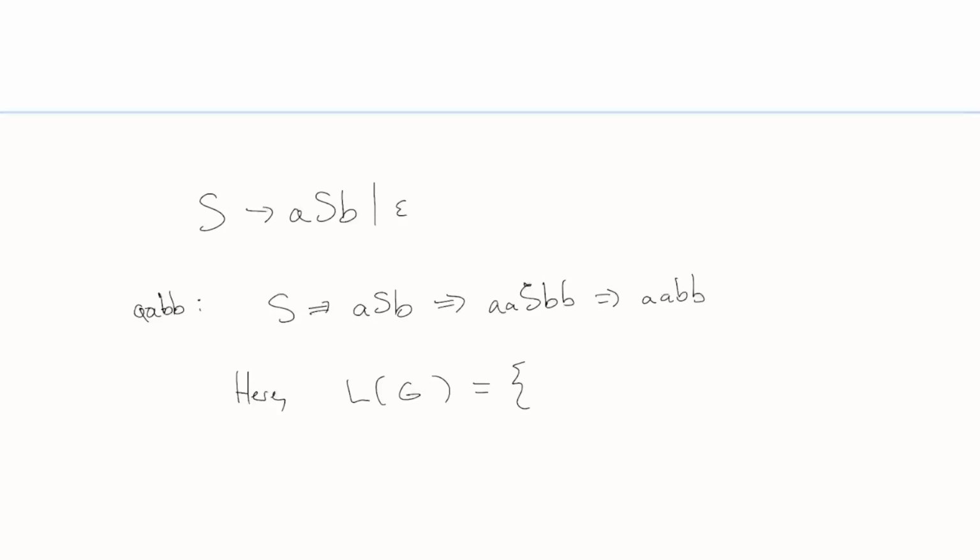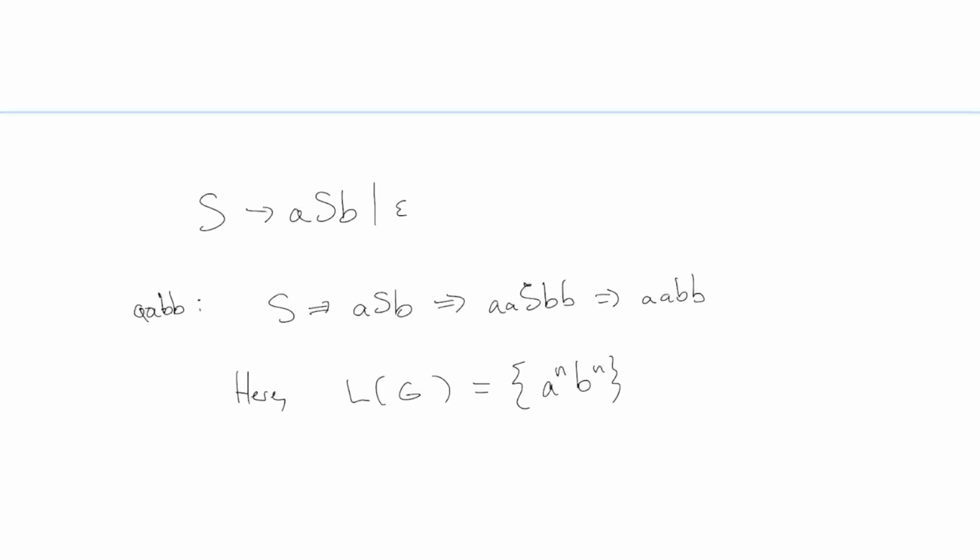Yeah? A to the N, B to the N, yeah. I hope everybody agrees. If you create a string like this, it's going to have a bunch of A's first and then a bunch of B's, but because of the way this rule works, the number of A's will equal the number of B's. They're the same. You can't ever, using these rules, create an A without simultaneously creating a B at the end, all right?